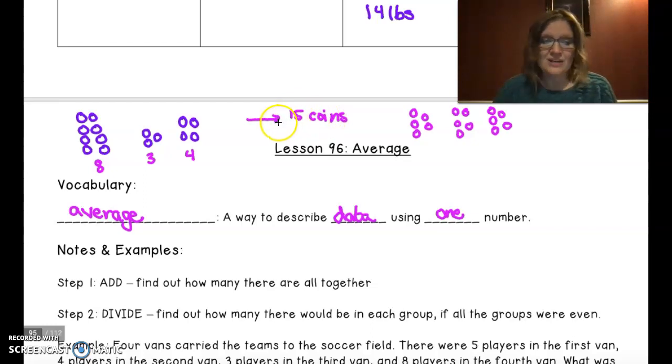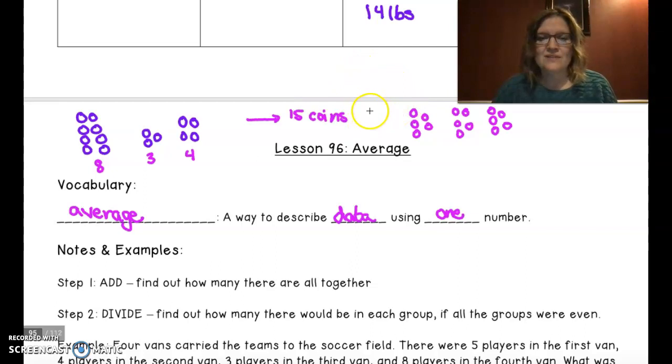The next thing we need to do is ask what's the average for each pile. Another way to say that is, if we were to take these coins and divide them out, put them in equal amounts as best we could, what would our average be?